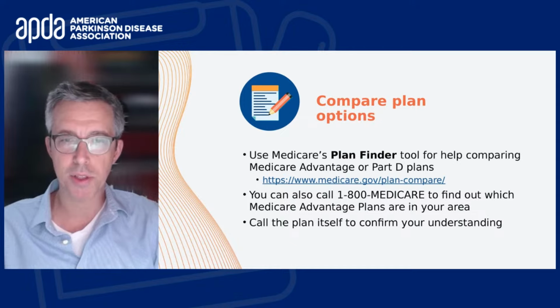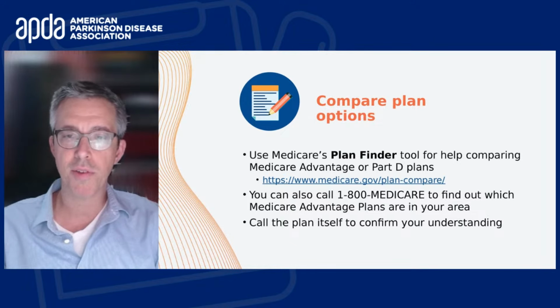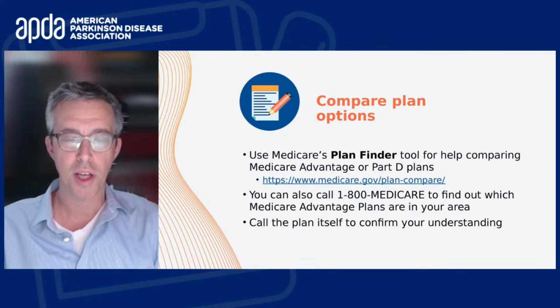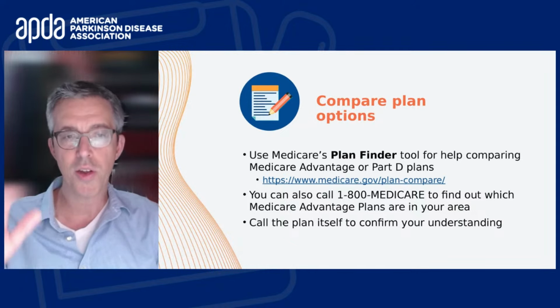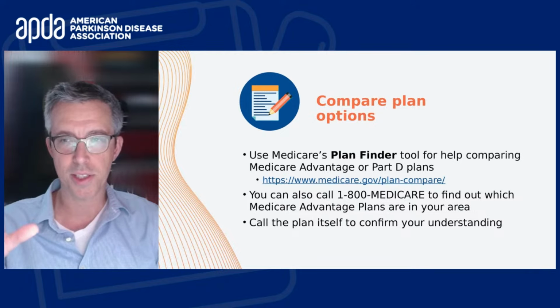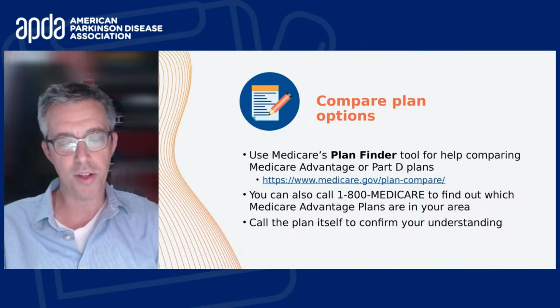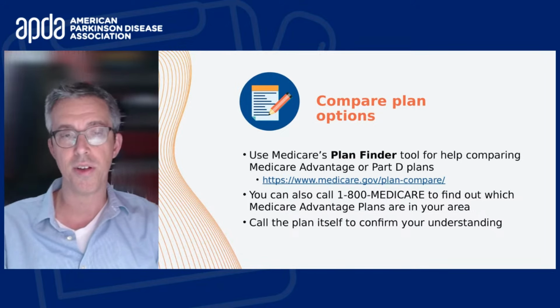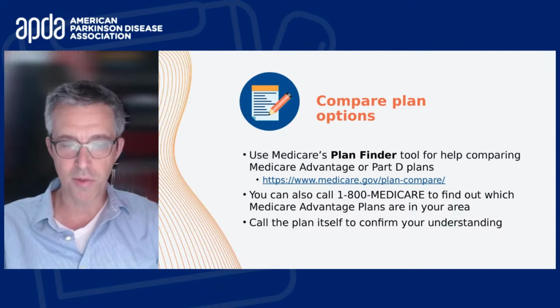Compare plan options. Use Medicare's Plan Finder tool to help compare Medicare Advantage or Part D plans. This is what I was talking about before. If you go to medicare.gov and you go up in the corner where it says find a plan, and then you select what type of plan you want to find, whether it's Medicare Advantage or standalone Part D, it then takes you through a series of very simple prompts.